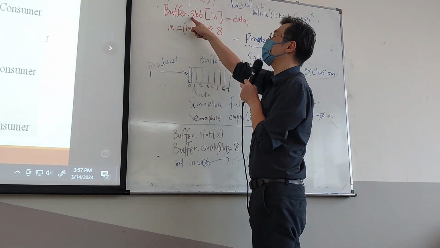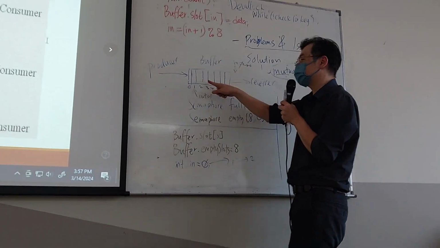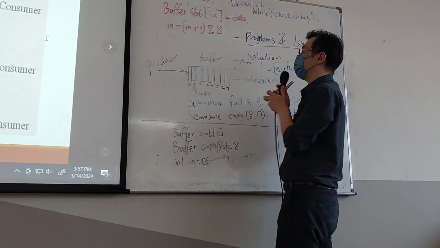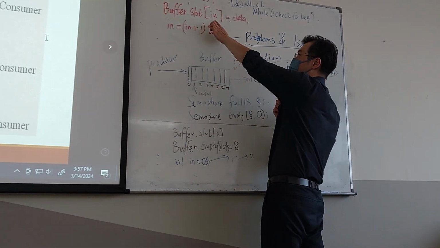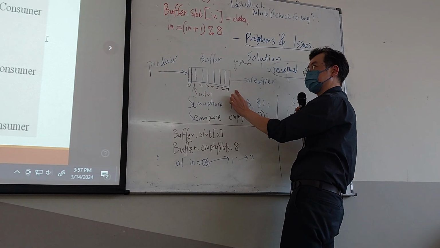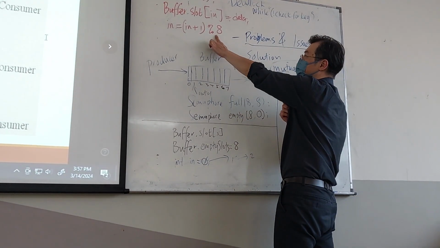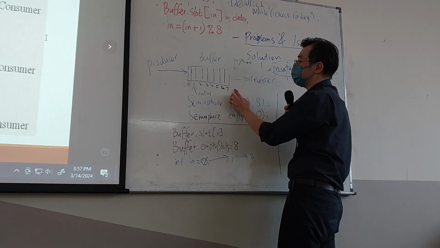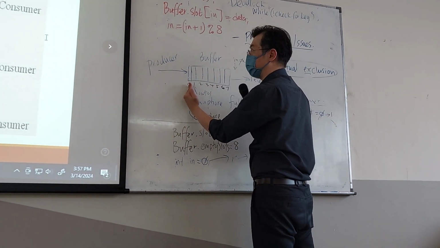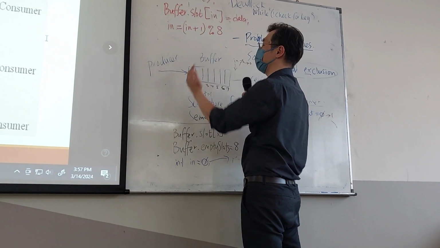If it is not blocked, you get past, that means you still got an empty slot and you can add in still. Okay? Now, when it reaches 7, right now 7, put the data, 7, and then when you increment to 8, it will be modulus 8, and right now it becomes 0. So, in will be ready to put it to 0. But then, if you perform a down, you'll be blocked.